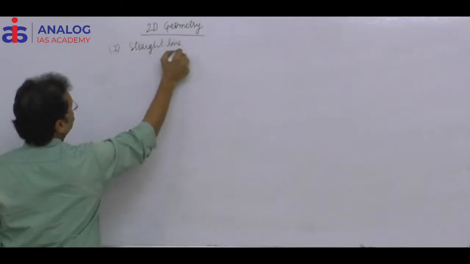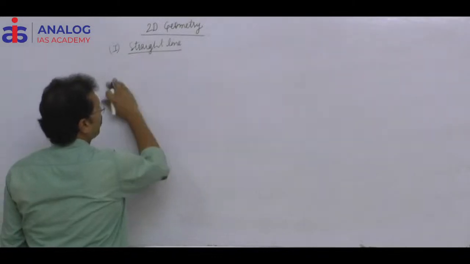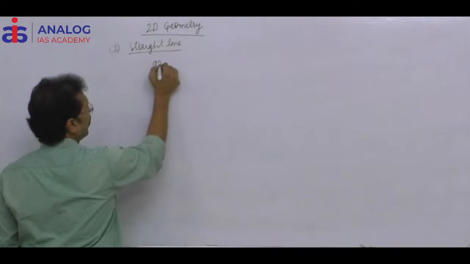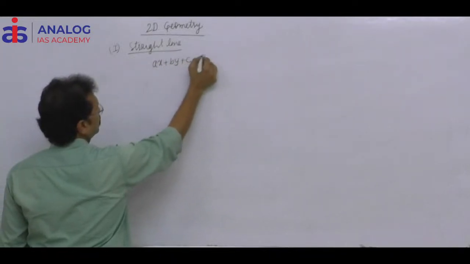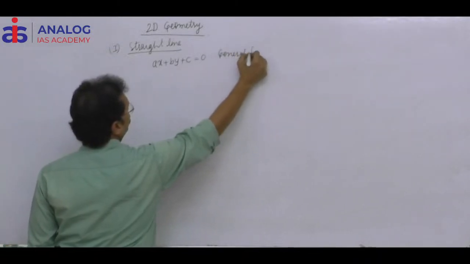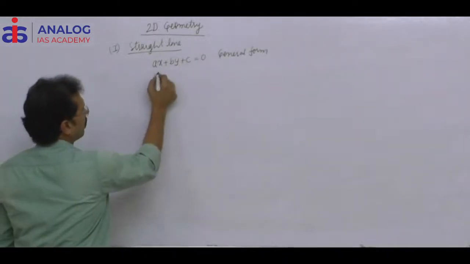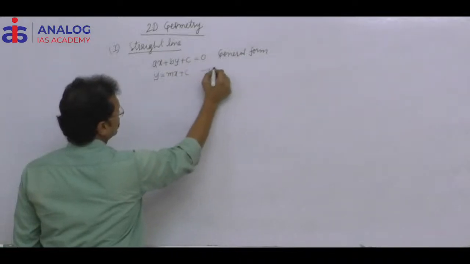So straight line, what you should know here, there are different forms in which you can write a straight line. The equation like ax plus by plus c equal to 0 is also called the general form of a straight line. y equal to mx plus c is slope intercept form.